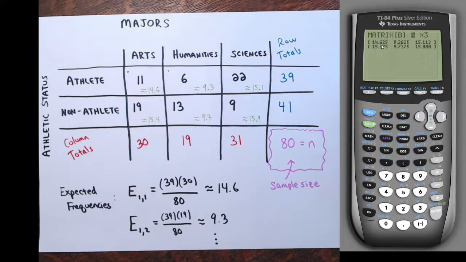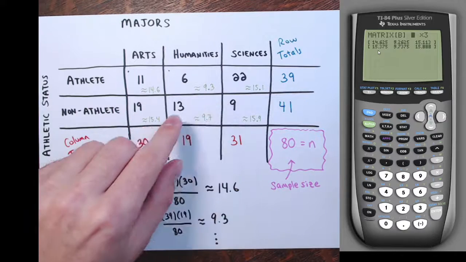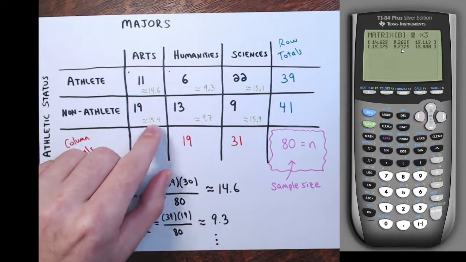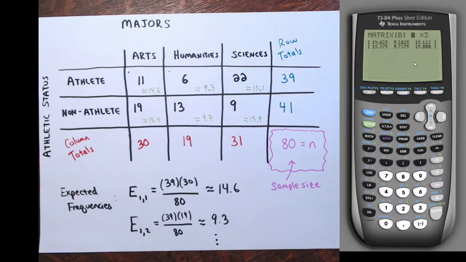See, 14.6, 9.3, 15.1, then the second row, 15.4, 9.7, 15.9, if you were to round all those to one decimal place. Okay, so yeah, very easily done there.